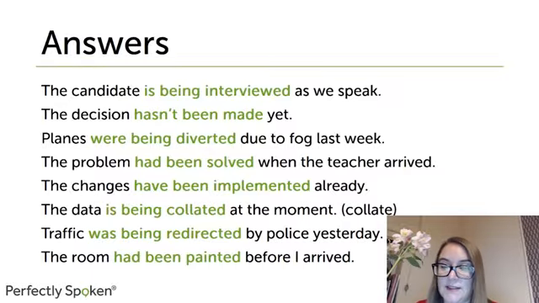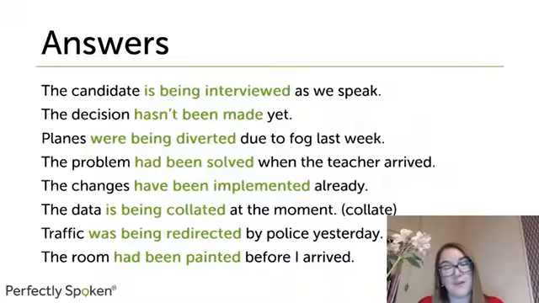Number 6, the data is being collated at the moment. Number 7, traffic was being redirected by police yesterday. And number 8, the room had been painted before I arrived. Really well done if you correctly managed to get all 8 of those correct.